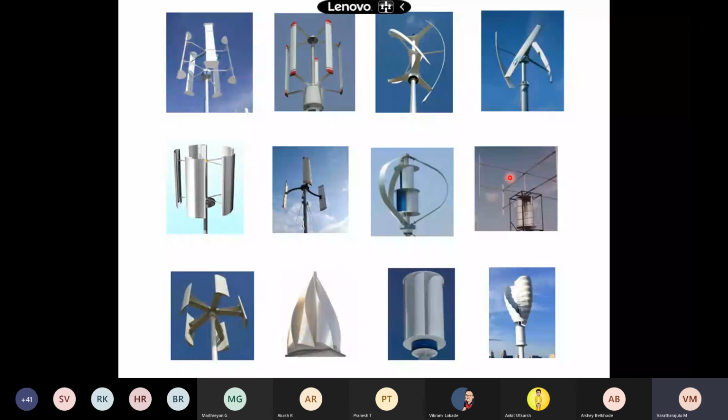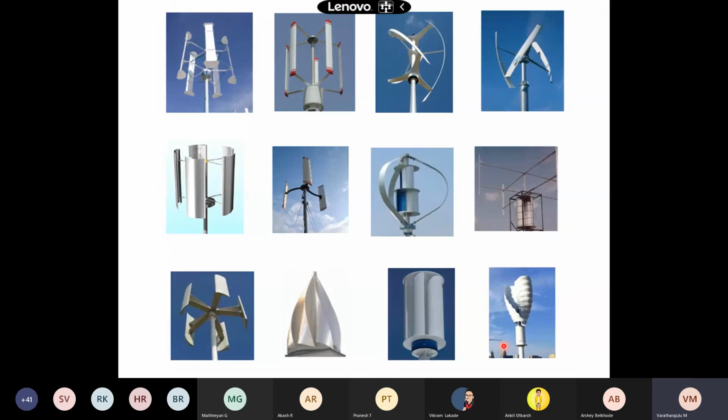And see the rest of the different types of wind turbines. Here only the vertical axis wind turbine is presented, and these are the various nomenclatures. And we already discussed the yaw drive system; the yaw mechanism is clearly shown here.